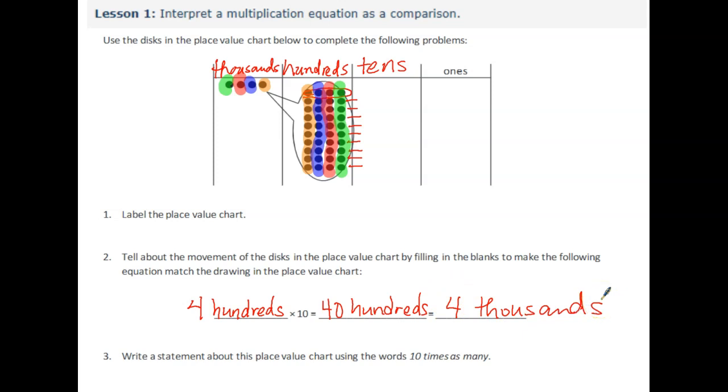Number 3 says, write a statement about this place value chart using the words 10 times as many. All right, and I'm going to write this up. It says the chart shows, we're just going to write this out here.